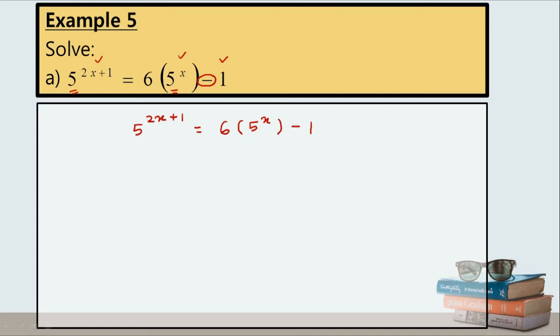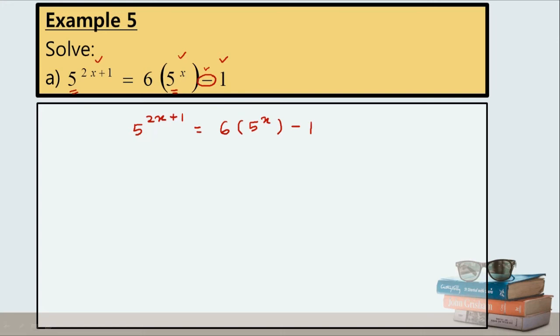Okay, kalau one side ada lebih daripada satu term dan dia ada operasi tambah atau tolak, kita kena guna method substitution ni. Okay, so when we use substitution like usually we will get quadratic equation. So after that we can proceed to solve the question.